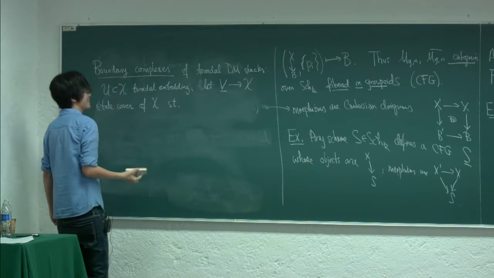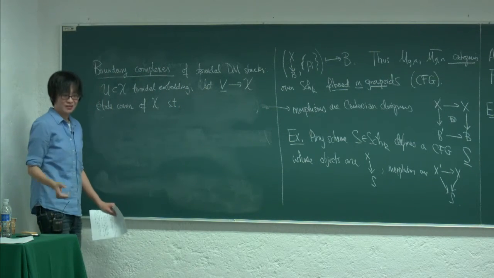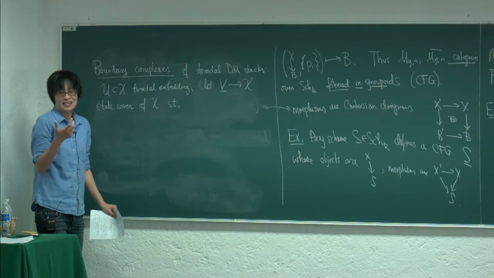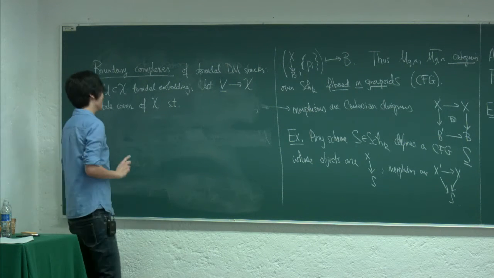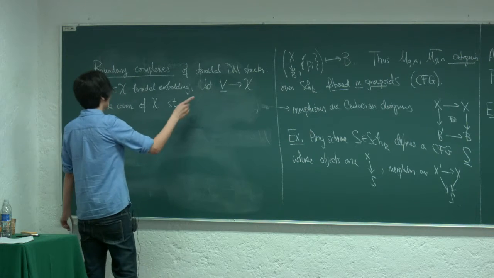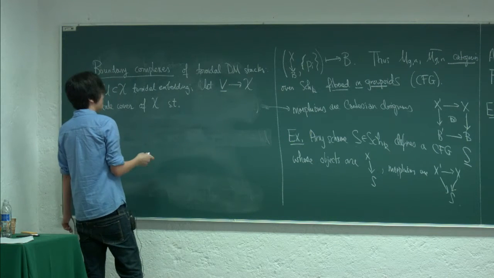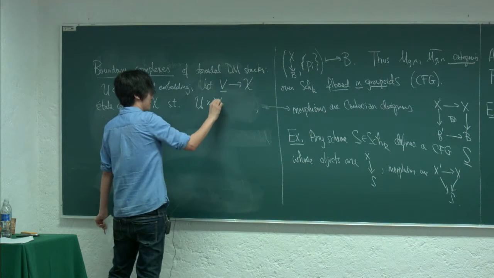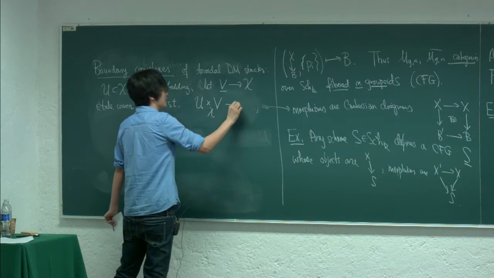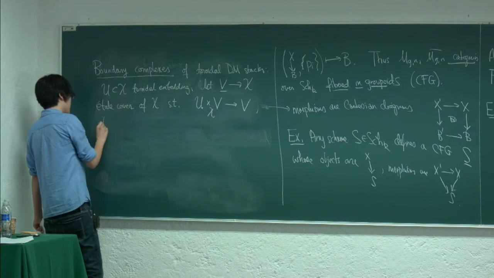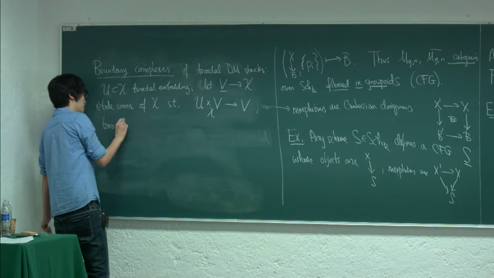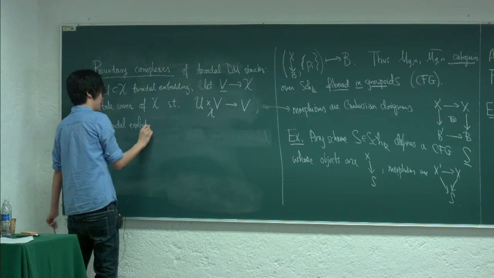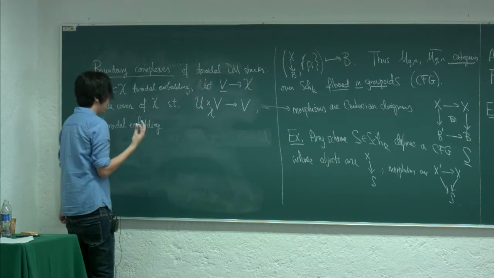The whole point is that we take an étale cover such that we recover a toroidal embedding of varieties without self-intersection, just as in the schemes case. So we let V to X be an étale cover such that U fiber product with V over X into V is a toroidal embedding of schemes without self-intersection. And this can always be achieved.